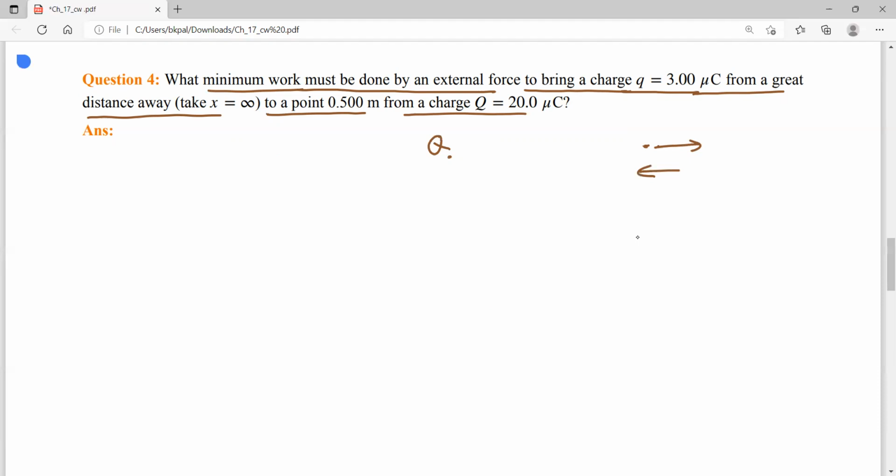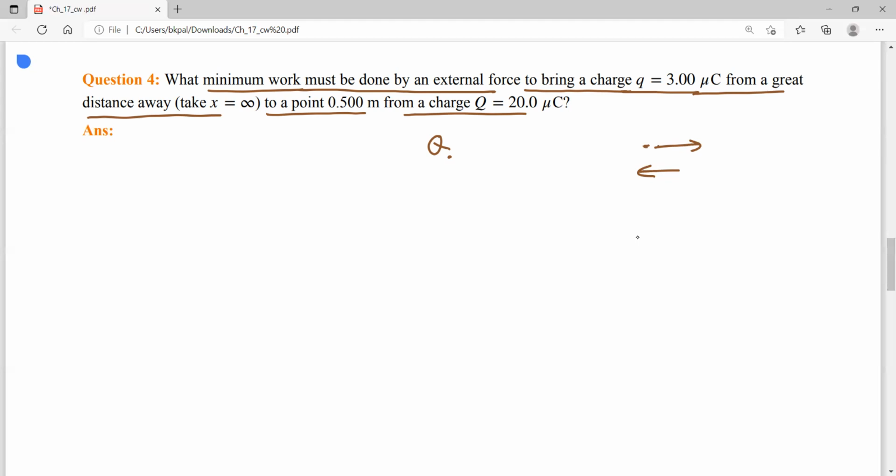It's similar to pushing a spring; when you push a spring, you have to do some work on it. Similarly, if you want to bring a positive charge close to a positive charge, you have to do work. So that work done we have to calculate.